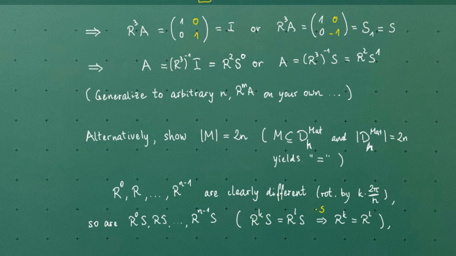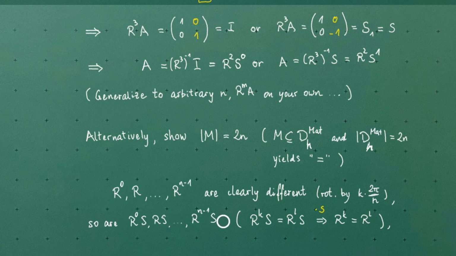So these sets are actually equal. So we start with these powers here, and they are clearly different matrices. Either you write them down, if you know about rotation matrices, or more elegantly, you know the geometric background. These correspond to rotations by different angles, namely k times 2 pi over n. So they clearly have to be different matrices.